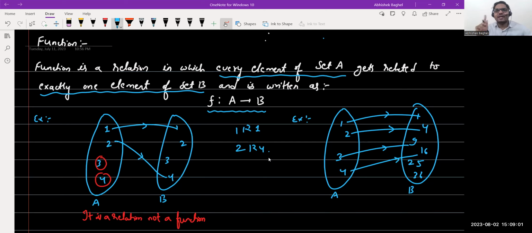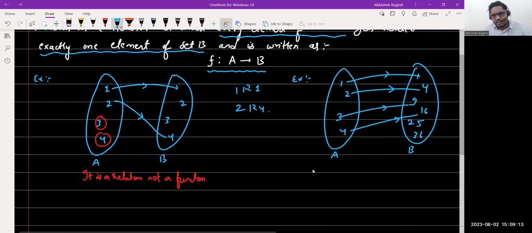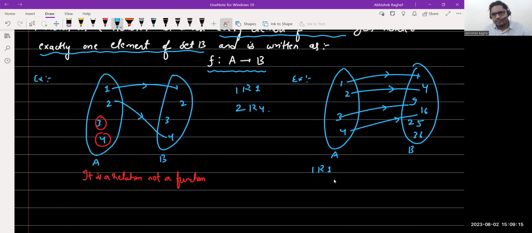The first thing, every element of set A must be related to exactly one element of set B. So you can see right here, 1 related with 1, 2 related with 4, 3 related with 9, and 4 related with 16.